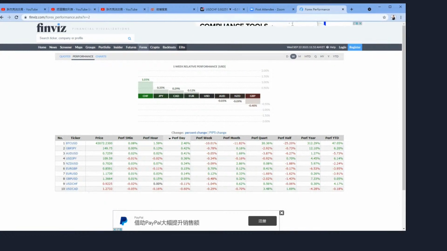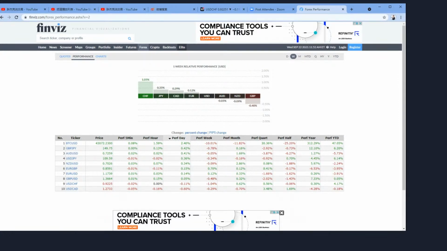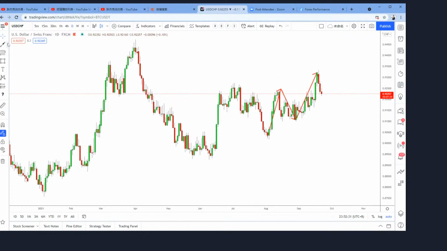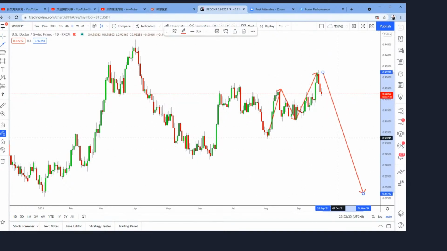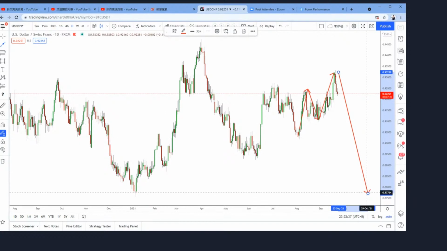And the Swiss franc is a very safe haven currency, so the Swiss is getting stronger. So you can consider selling dollar Swiss franc. It has great shorting room for you to earn money, at least to 0.87.